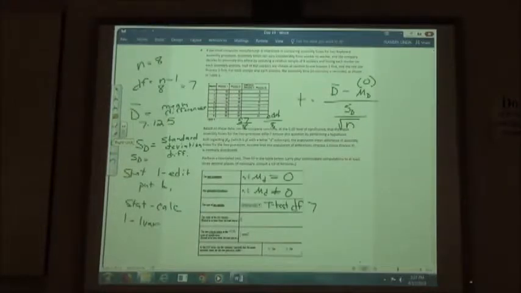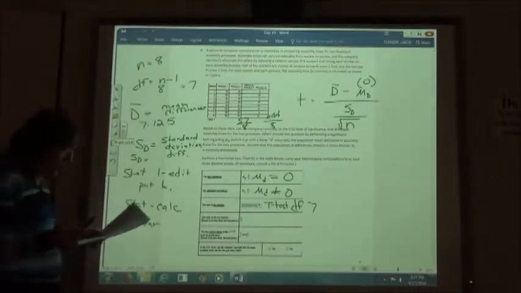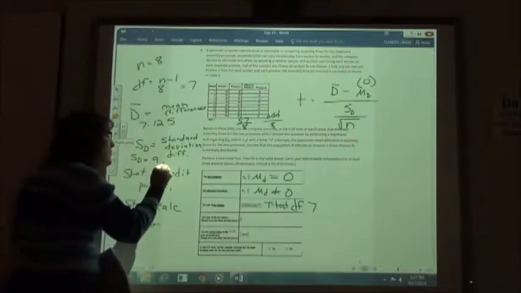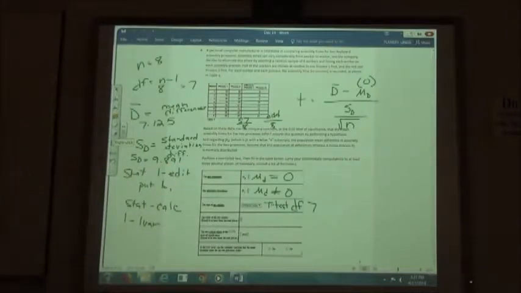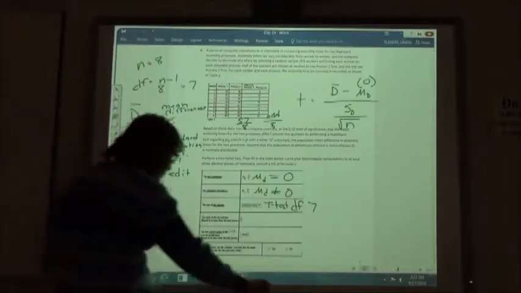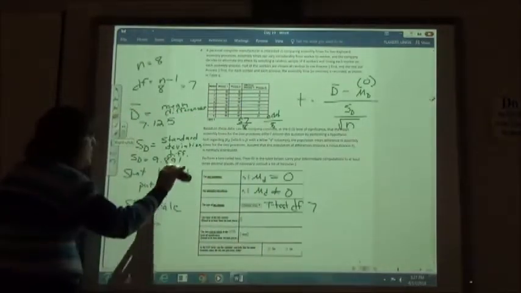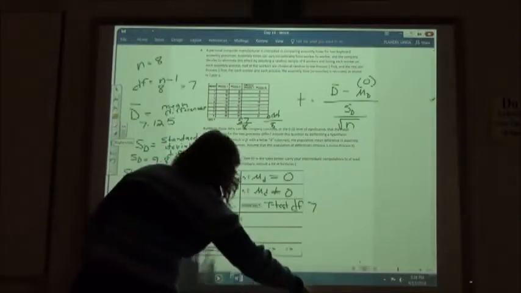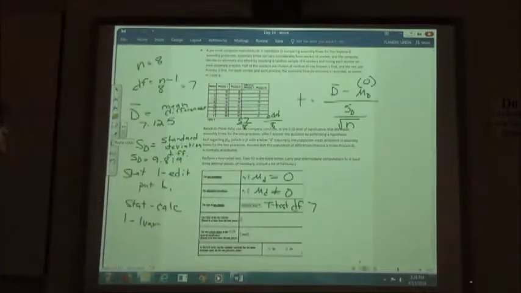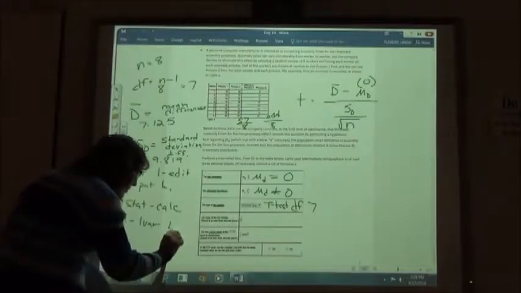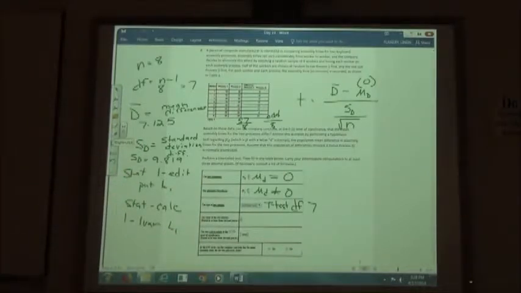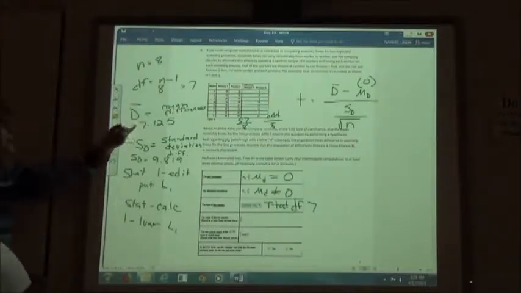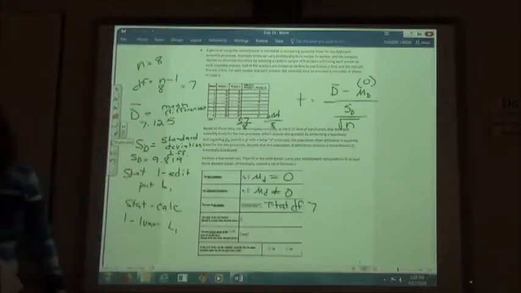See the S sub X on the calculator? So you do your one variable statistics on list 1 like we did hopefully a bunch of times by now. That way we don't have to use the formula for standard deviation. The mean formula is easy enough to do, but when they don't give you the standard deviation, that's a pain.